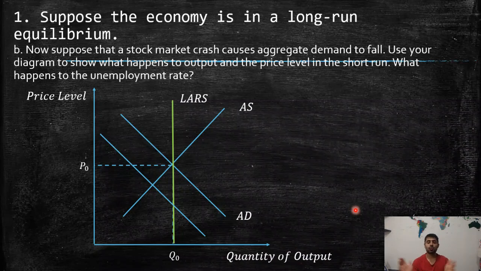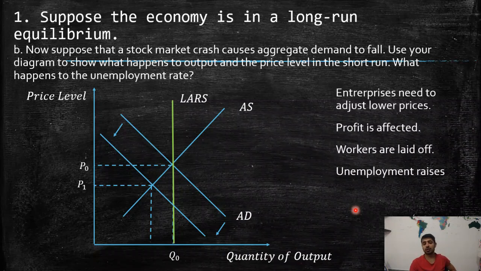How much? It depends how big this crash is, so we make a standard shift to the left. As a consequence, we have lower prices and lower quantity produced.